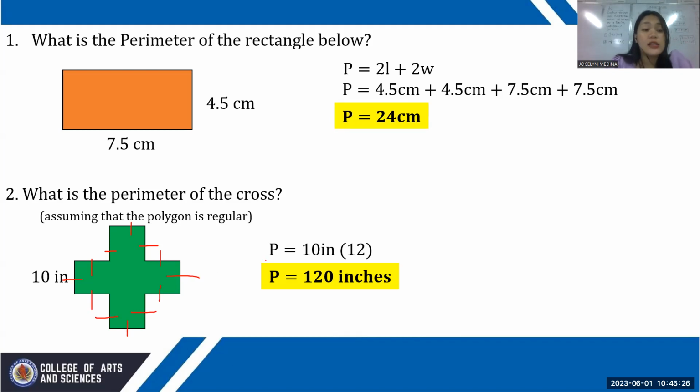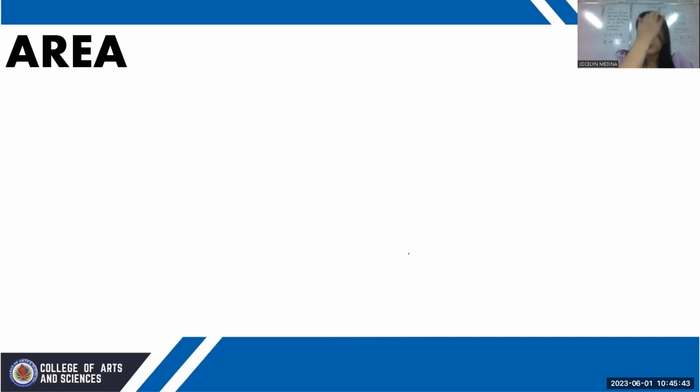Meron siyang 12 sides and 10 inches each. So 10 times 12, 120. Or kung gusto ninyo, 10 plus 10 plus 10 until makaabot ng 12, and that will also give you 120. Okay? So, naiintindihan yung perimeter.